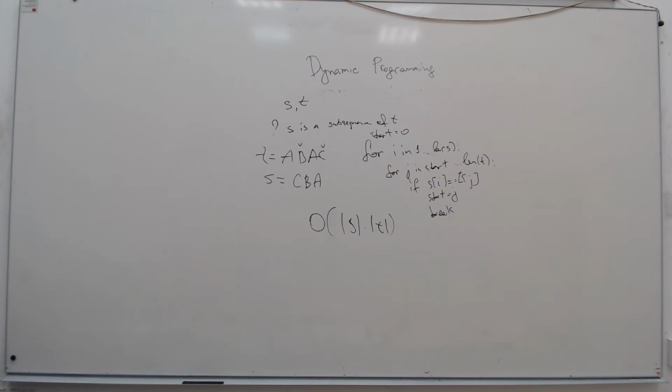I would like to give you a hint. So I is iterated from 1 to len S. Okay. But how much time is J traversed, what values is J traversed through?